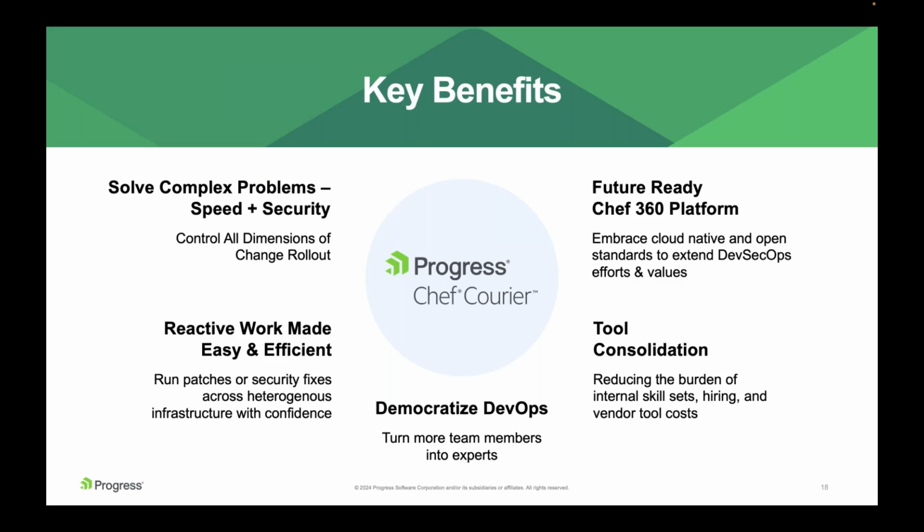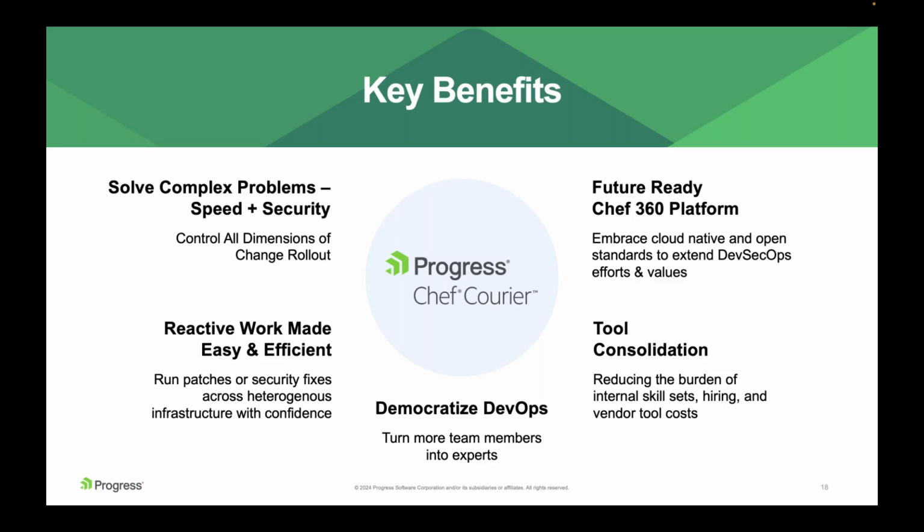Next is democratizing DevOps. With the launch of Chef Courier, what we also are doing is bringing Chef tools to a unified platform, in alignment with our broader vision. So you will notice once you try Courier, soon with incremental releases, you will notice the Chef platform introducing a UI. What this does is make sure that DevOps is for everyone.